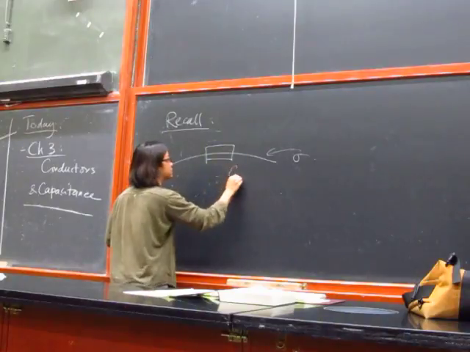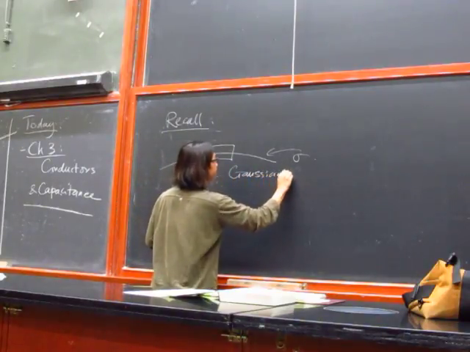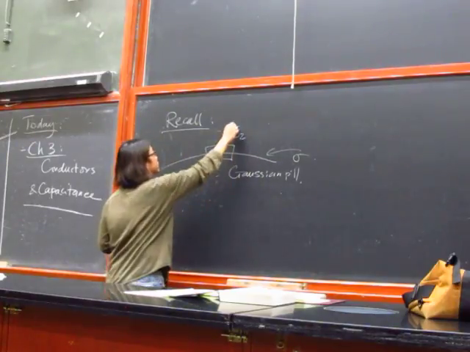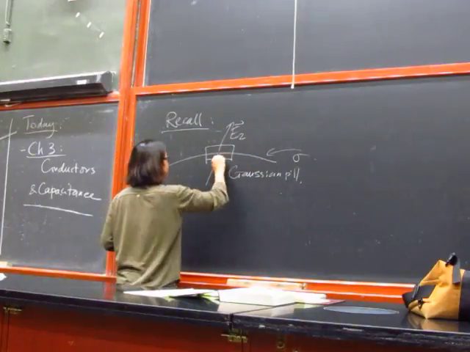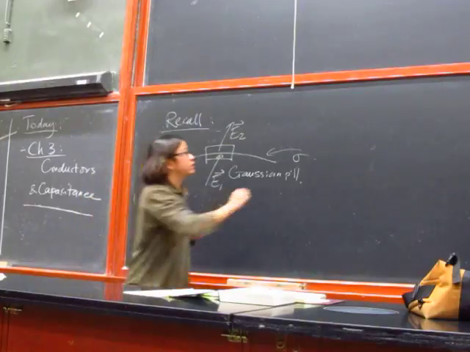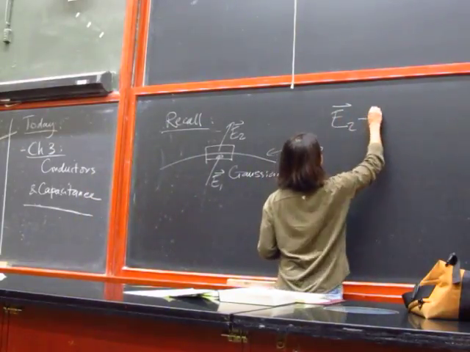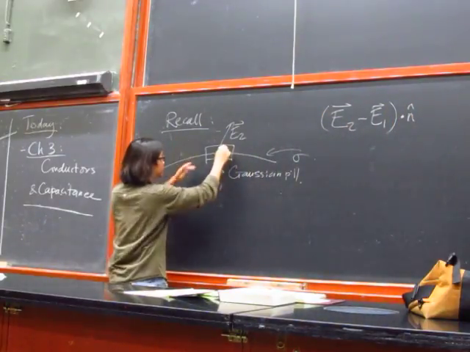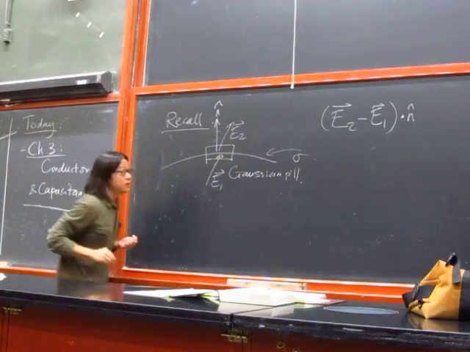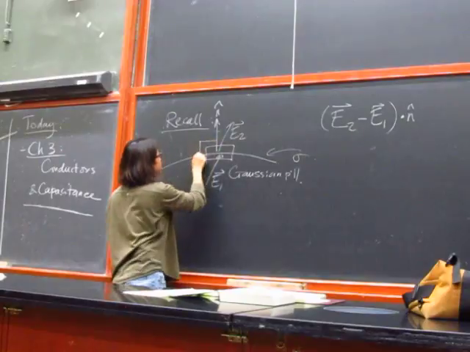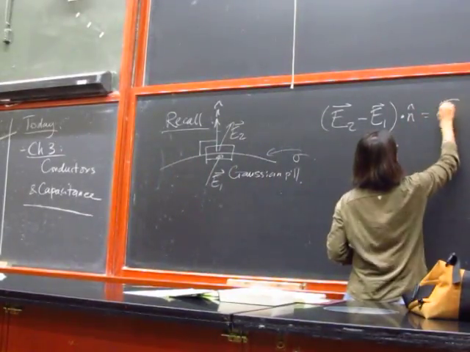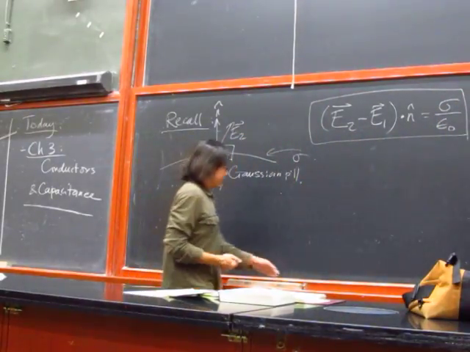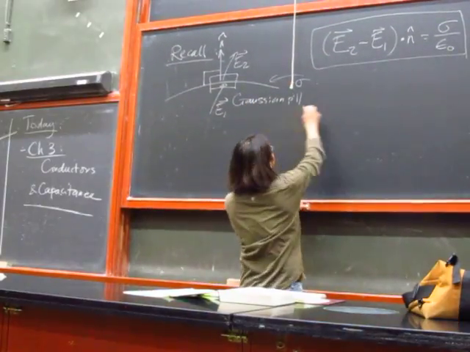If I have a small Gaussian pillbox, I find that if I have an electric field E2 on one side of the surface and E1 on the other side, then E2 minus E1 in the normal direction of the surface, let's call this n, perpendicular to the surface, has to be equal to sigma over epsilon naught. This is just from Gauss's law.